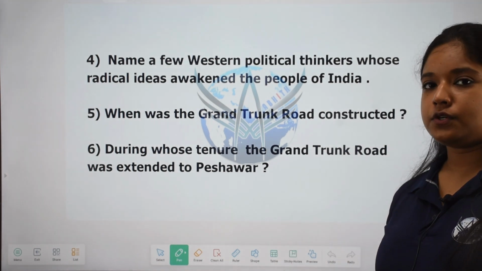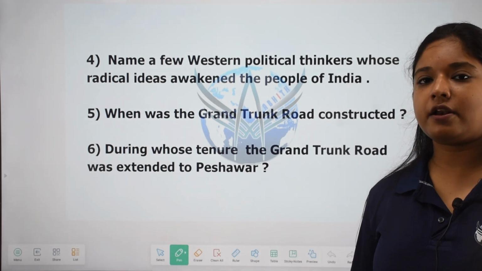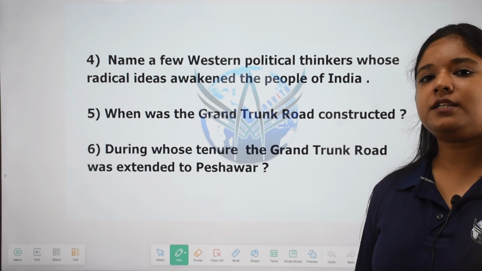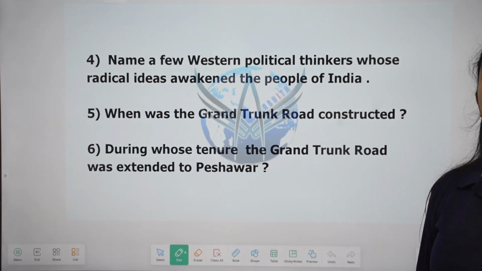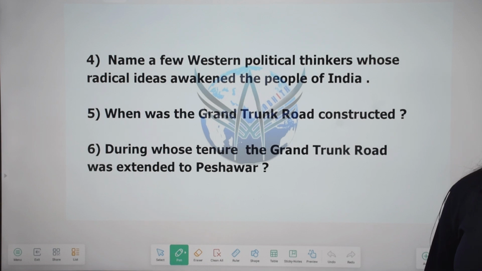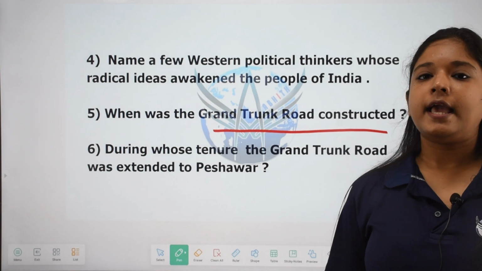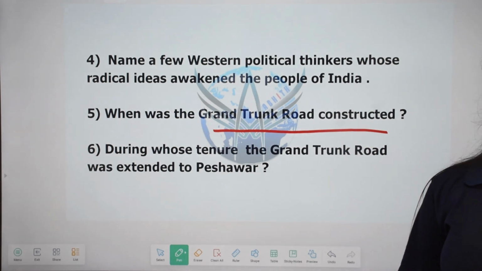Ba British officers hokole hok eta jagar pora an eta jagaloi easily travel koribor karone. So administration to smoothly carry out koribor babe teoluke transport and communication or oporto focus korisil. So when was the Grand Trunk Road constructed? 1839, alright, 1839 ot Grand Trunk Road construct kora hoisile.